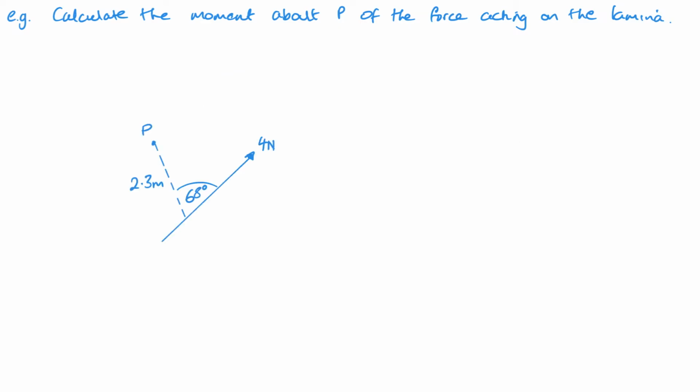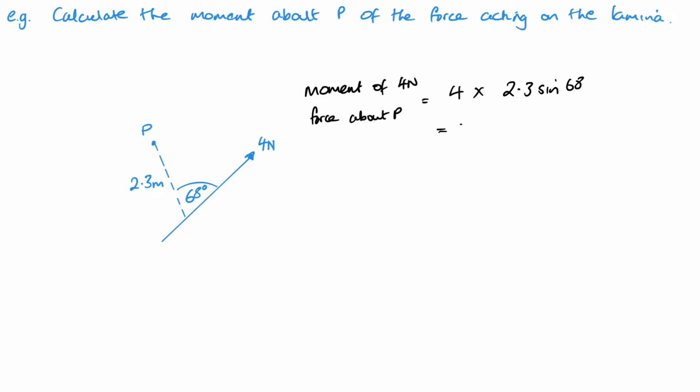Now a similar example, this time we're at an angle. Okay, so it's very straightforward. We've got the magnitude, which is 4 multiplied by the perpendicular distance, which in this case will be 2.3 times sine 68.